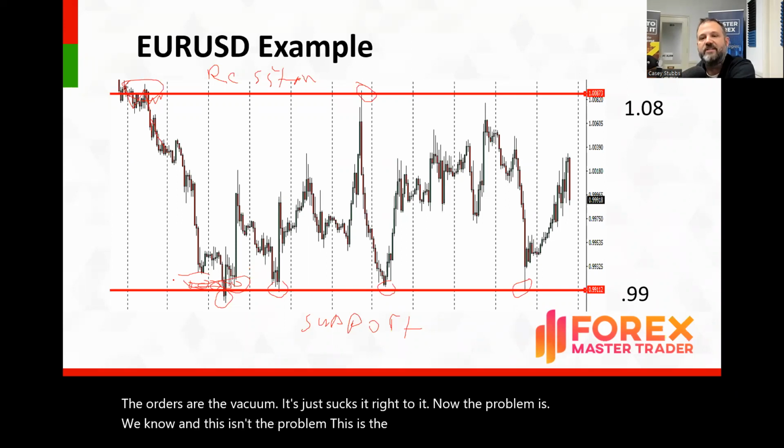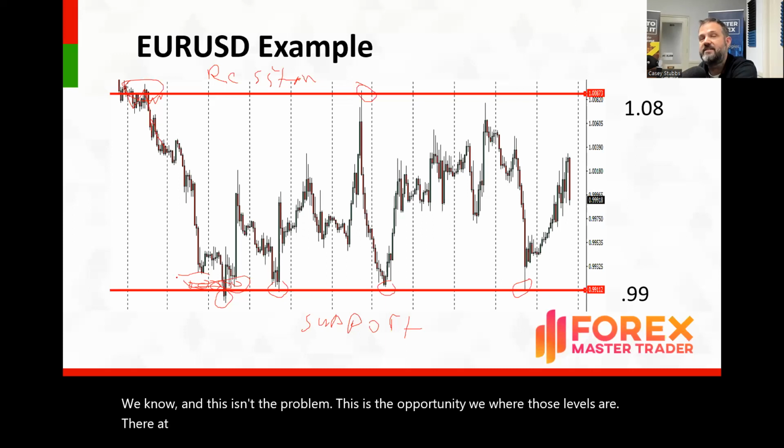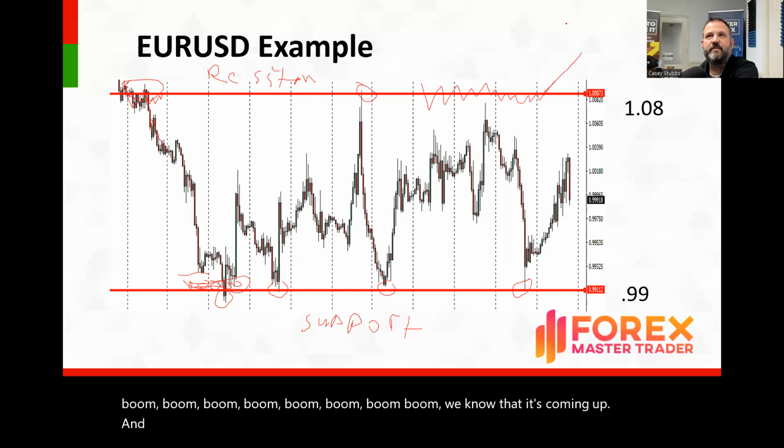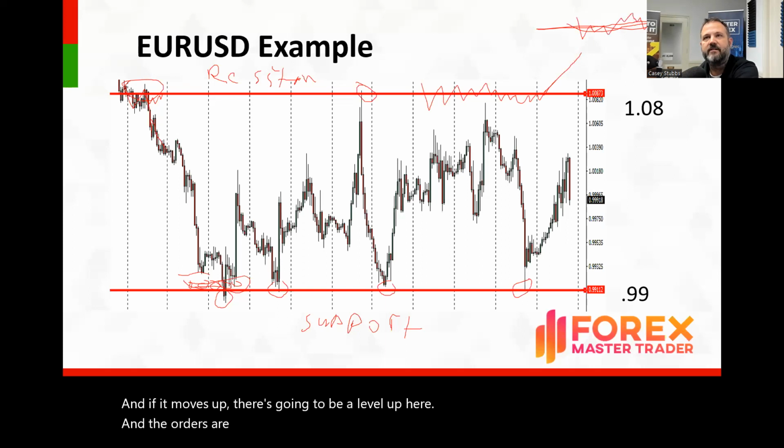We know where those levels are. They're at the next support or resistance level. So when we see price around here, we know it's coming up. And if it moves up, there's going to be a level up here. And the orders are going to be up here. So we know that when it breaks, it's going to be automatically attracted to that.